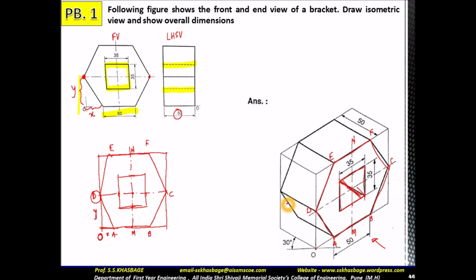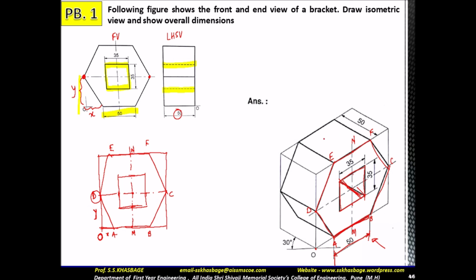So this is all about the solution of this problem. Now after drawing this problem, we have to give the dimensions, whatever dimensions are given in this problem. So this is 50 mm. That 50 mm we have to show here to this side. We have to take a line which is parallel to this line AB, and we have to show arrowheads, and we have to pass a line which is perpendicular to end the dimension.